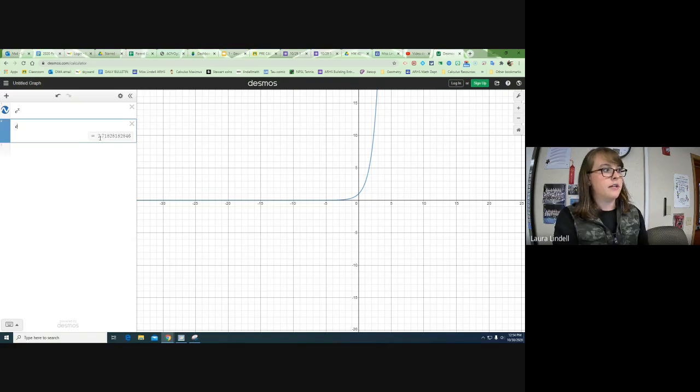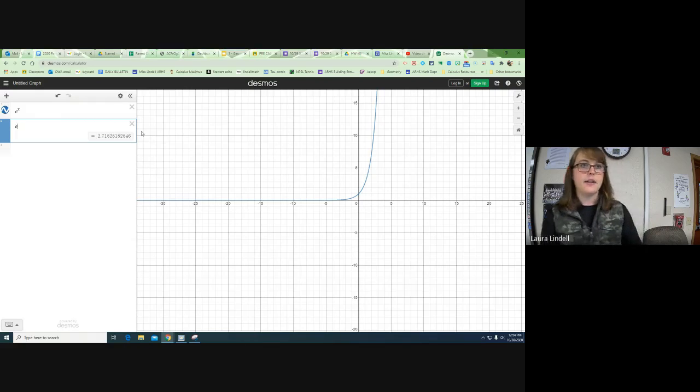It's approximately 2.72 if you were running to 2 decimal places, but it's irrational, so it continues on forever. It's kind of like pi. It's one of those values like pi or golden ratio or tau, or there's different things like that you'll recognize in math as you go along. E is one of those numbers. So E is a constant.